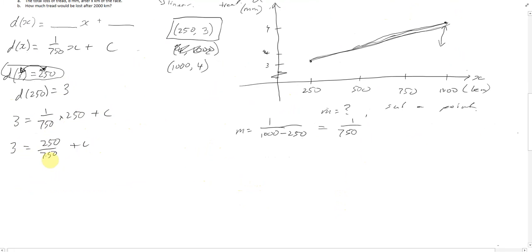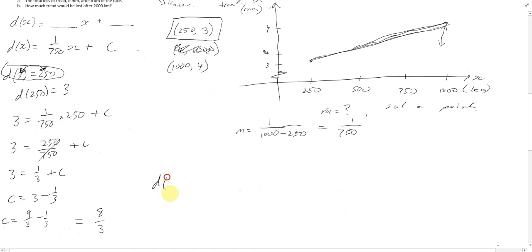Now 250 on 750 is actually a third. So 3 equals 1/3 plus c. So c is equal to 3 take away a third, where 3 is actually just 9 over 3 minus a third, which is equal to 8 over 3. So our full equation looks like this.